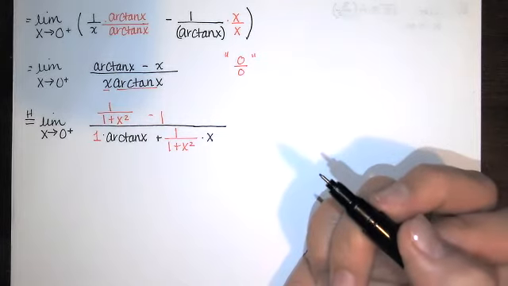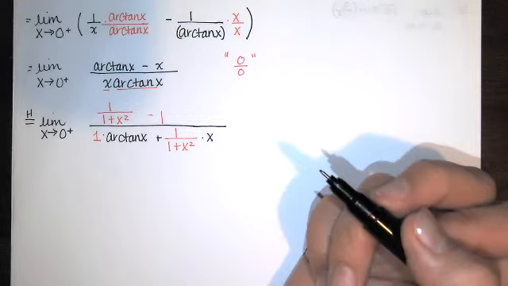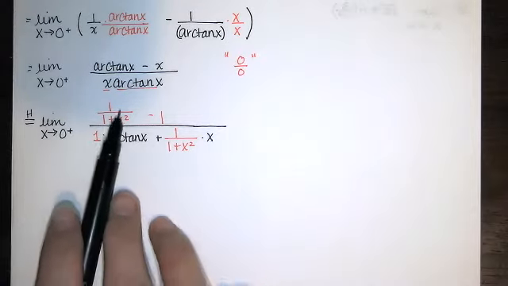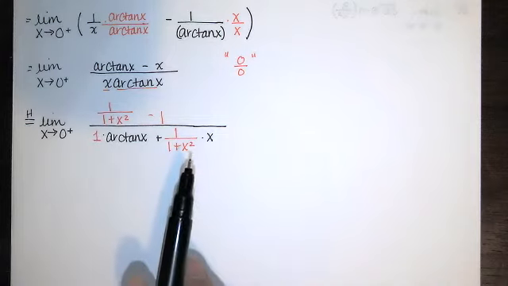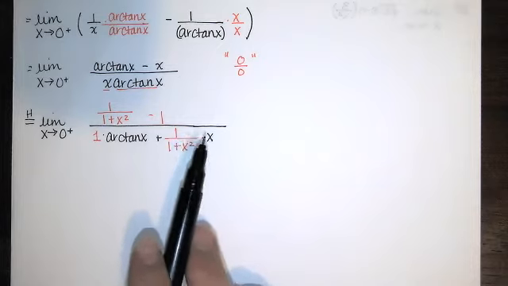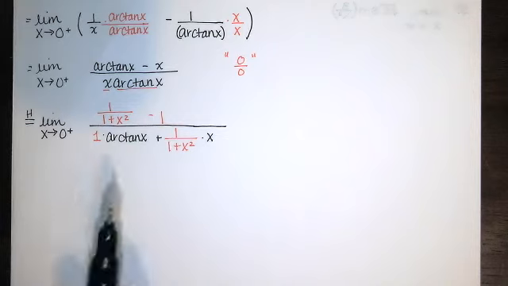So we've got this now. The question is, do we still have an indeterminate form? Well, as x approaches 0, I get a 1 minus 1, so that's 0. And then I have arctan of 0 plus this, and if x is approaching 0, we get 0 plus 0. So it's a 0 over 0 indeterminate form still.